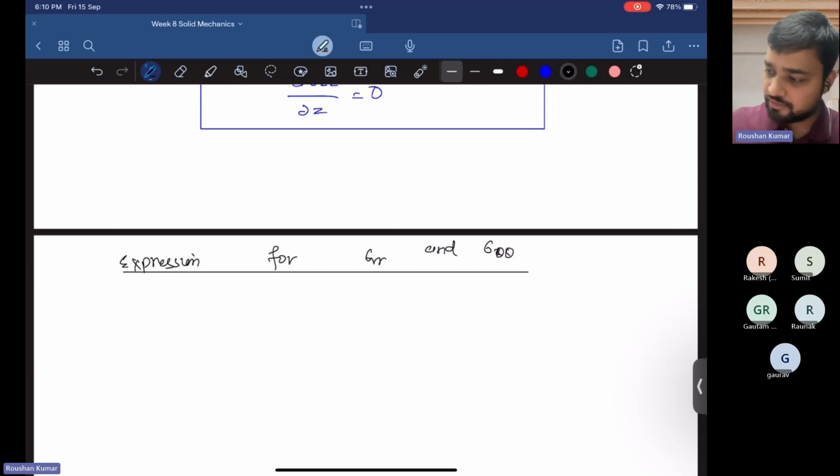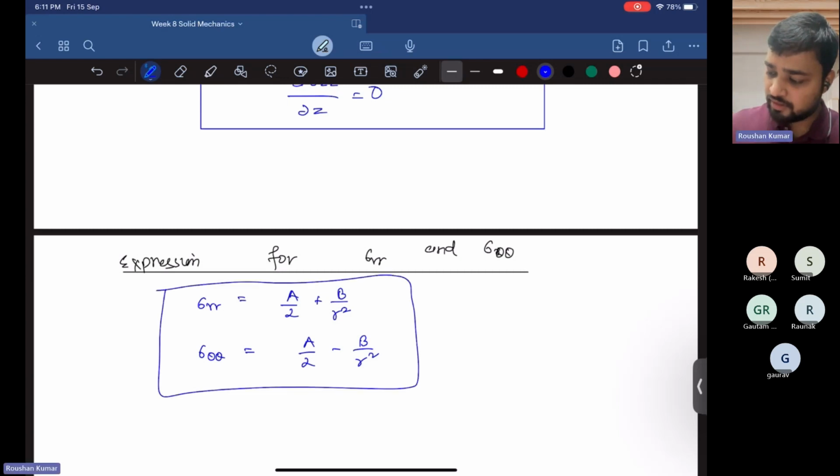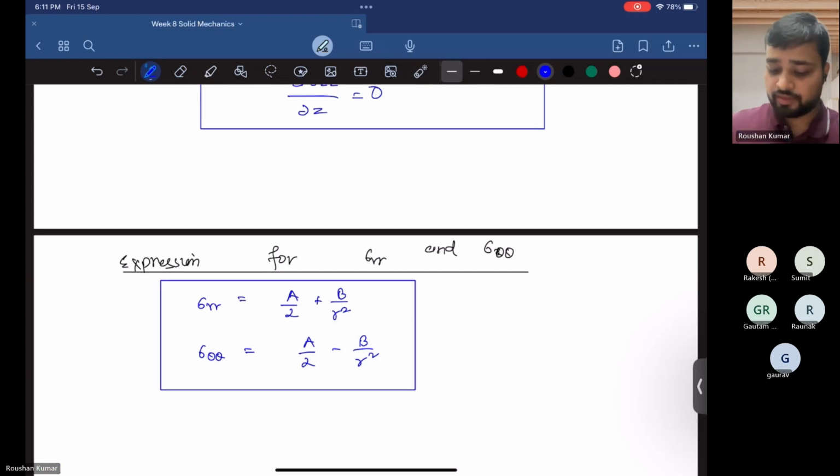So sigma rr is given by a by 2 plus b by r square, where r is a radial coordinate at any particular radius. Sigma theta theta is given by a by 2 minus b by r square, where a and b are given by, so this is the relation for sigma rr and sigma theta theta.